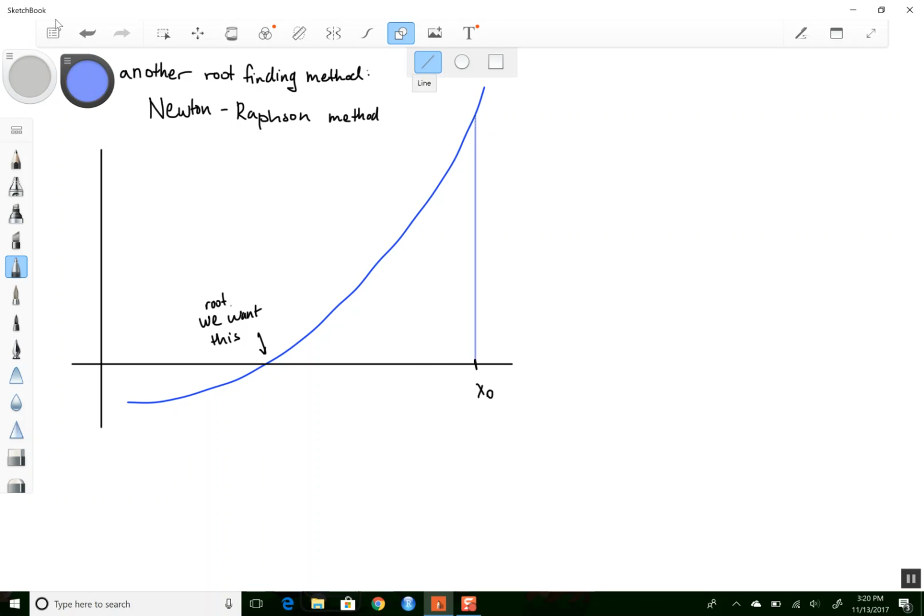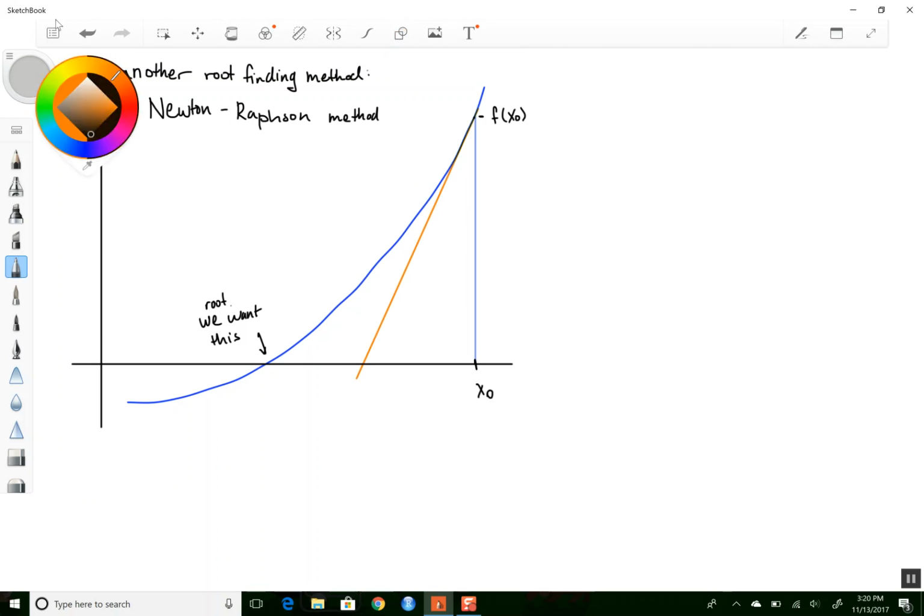Okay, and so this location, this is f of x0. And at f of x0, we draw a tangent line. Okay, so we draw a line tangent to the curve, something like this. I don't know, is that tangent? Tangent enough. Okay, and then we say, okay, where does the tangent line cross the axis? And this will be x1.